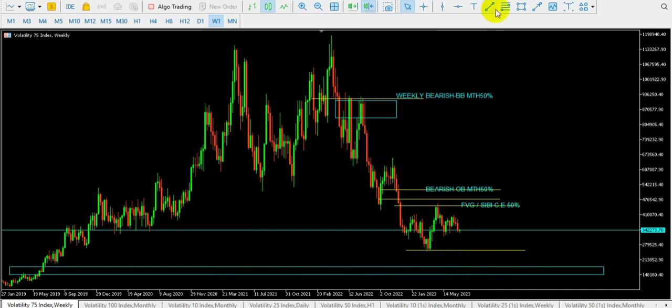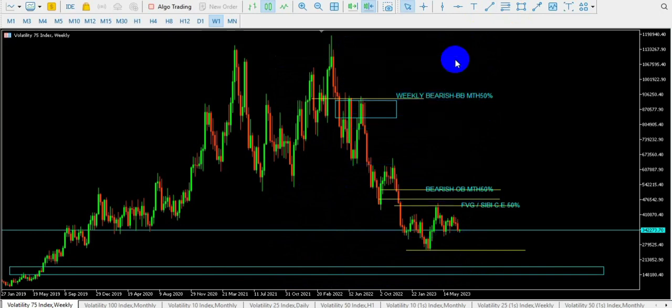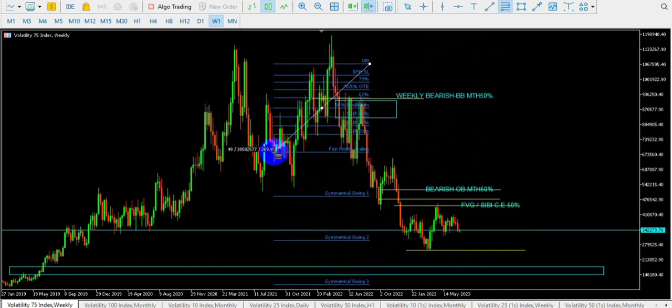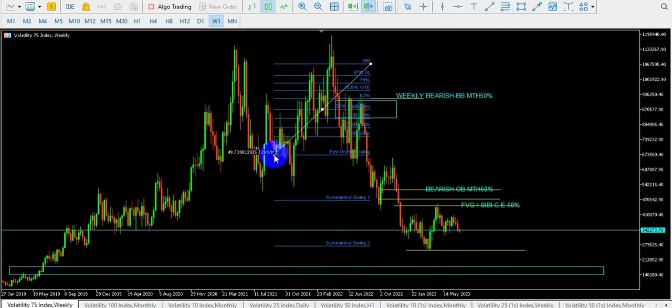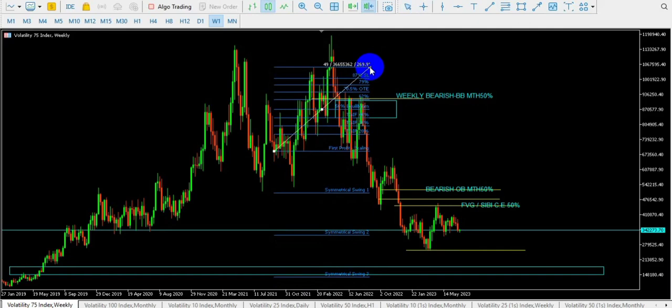So if I plot my fibs from the way I did it that time, from that low, and adjust those fibs, look at my target.